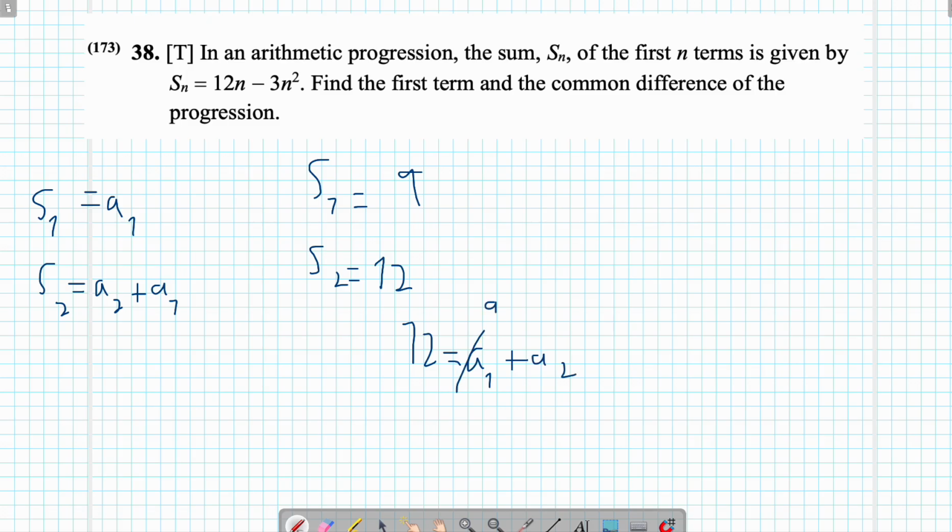We got A1 to be 9, so A2 will be 3. We're not done with the question. They want the common difference. We're just going to do A2 minus A1, and we're going to get d is equal to negative 6.